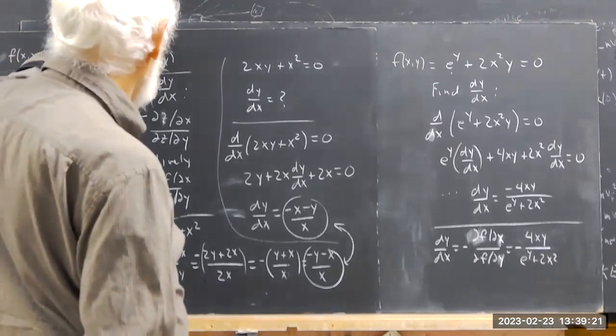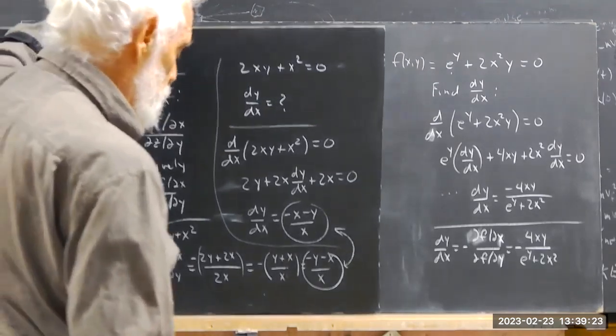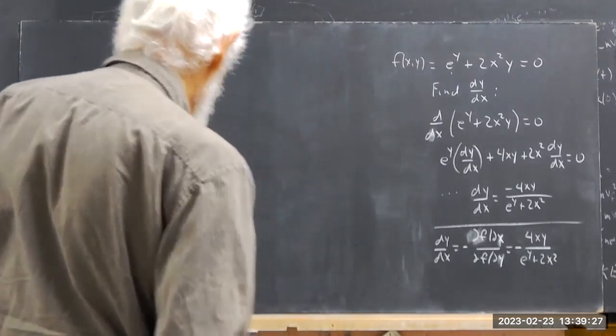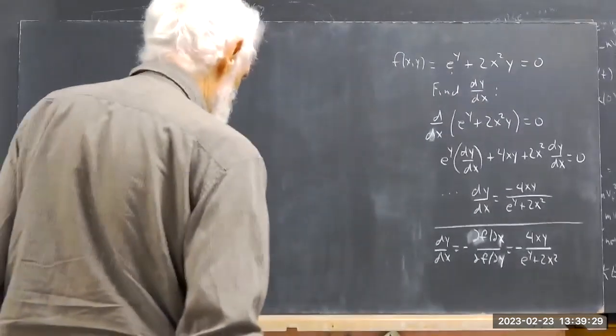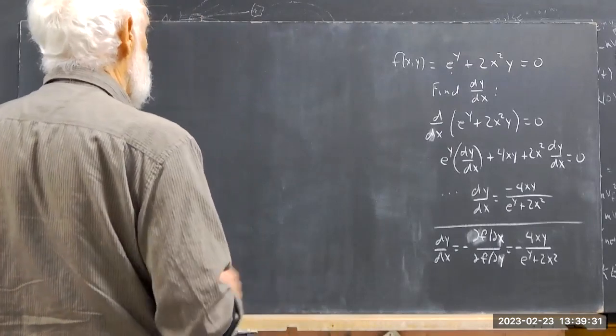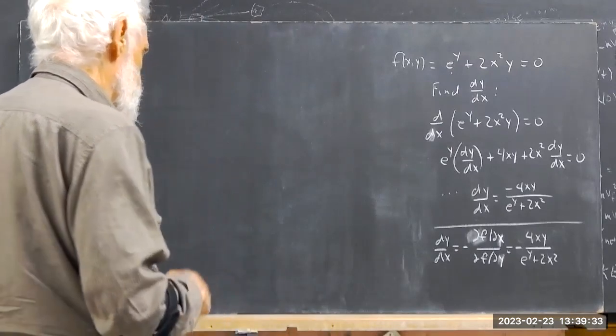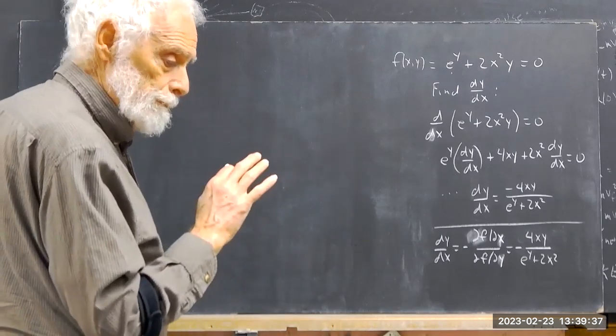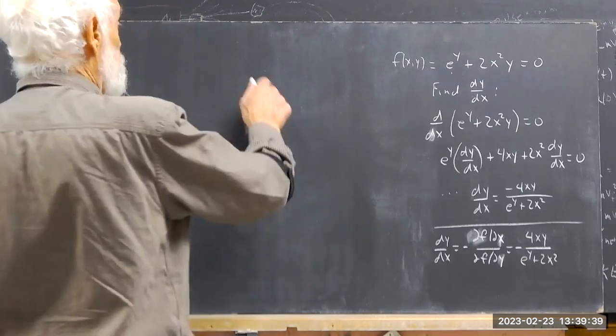Now, if you have a function of 3 variables, I'm not going to do one that we can only do implicitly.